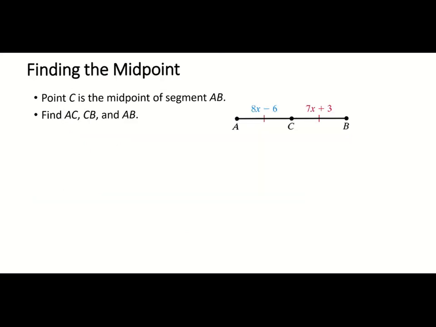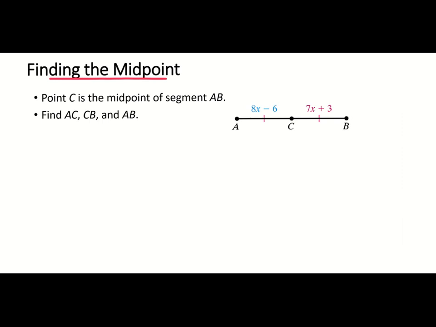All right, our second problem that we're going to try is we're working with the midpoint here. The midpoint of the segment AB is C. So we know, because if you have a midpoint, it divides it into two equal parts, that AC is exactly the same as CB.